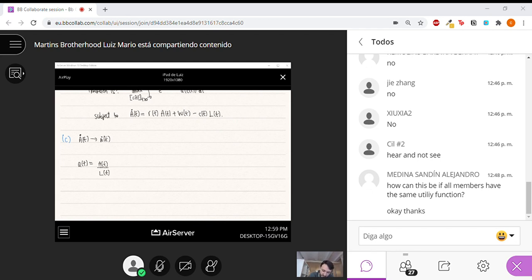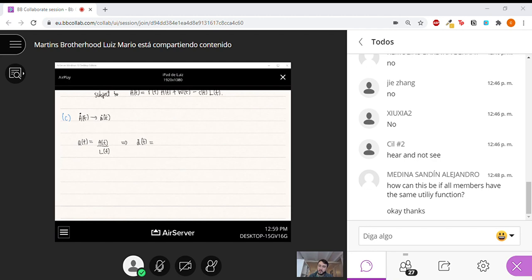So if you take the derivative with respect to time in both sides, we have this. And then we need to use the quotient rule. It will be A dot LT minus AT L dot divided by L squared.